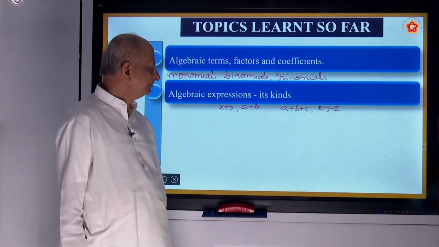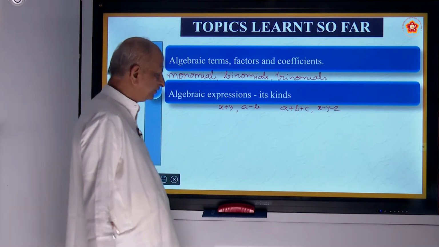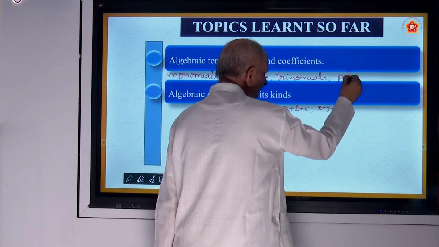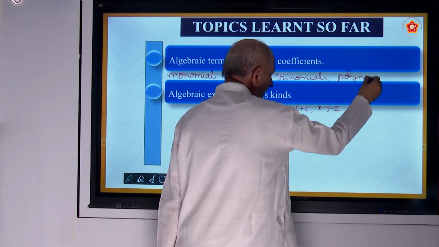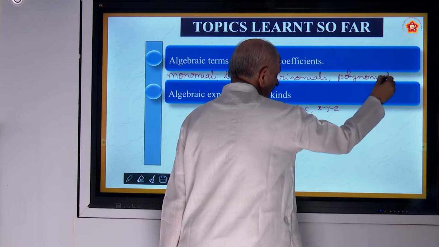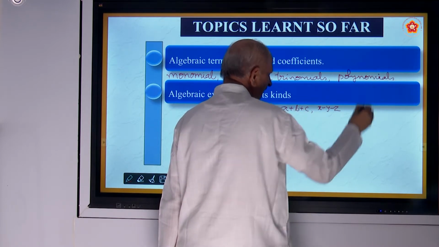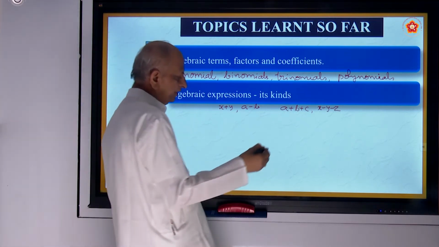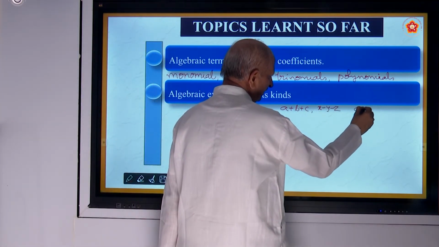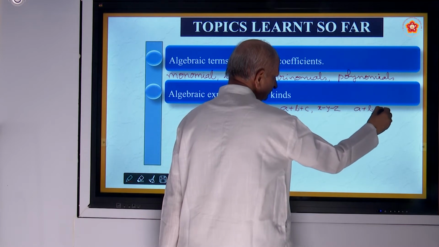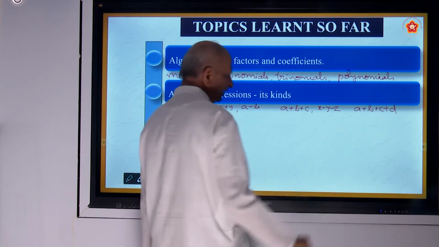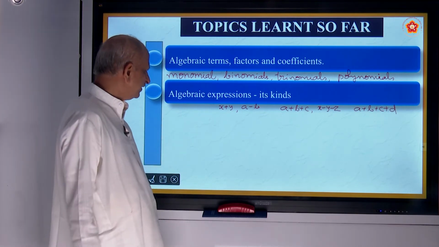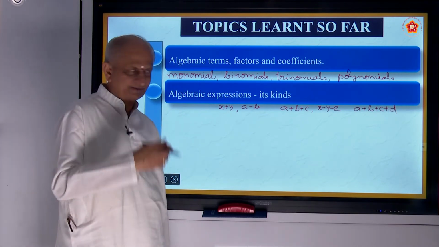And the last one is called polynomials. Poly means many. Polynomials, many terms like a plus b plus c plus d, etc. Okay, so these are the different kinds of algebraic expressions.